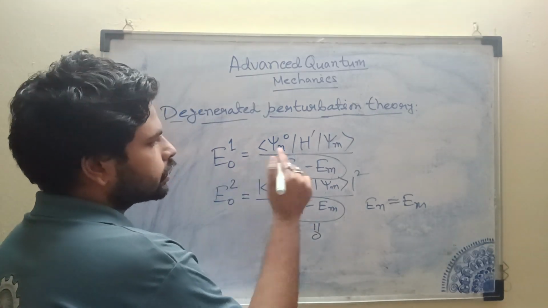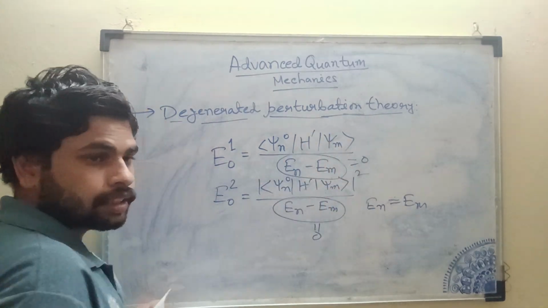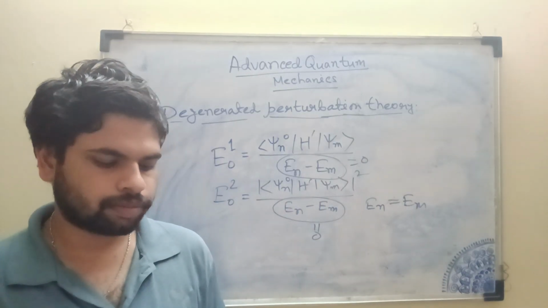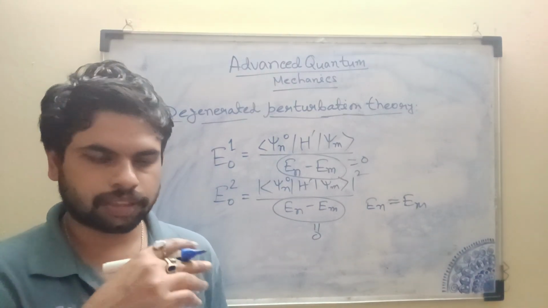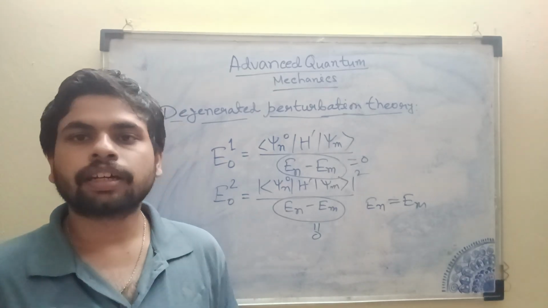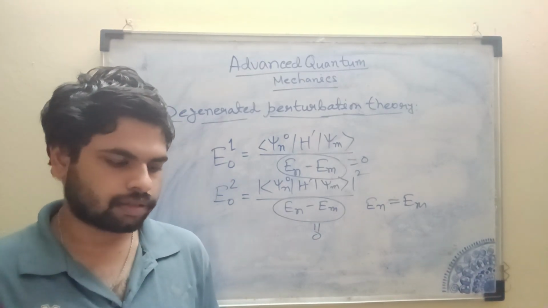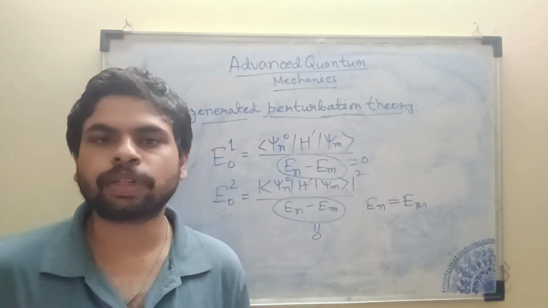So the energy corrections will be infinite according to the theory. But we have to break these things to get the exact and the real result. So let's start from a twofold degeneracy case.